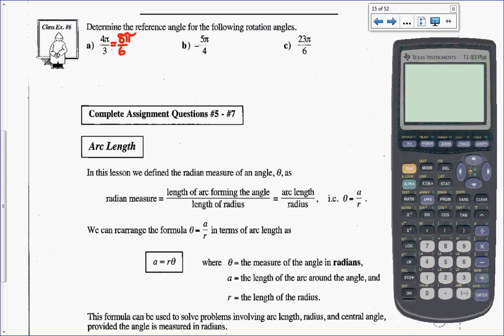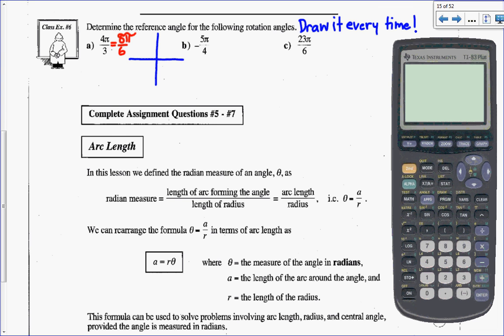Okay? And then always, always, always draw it every time. Make yourself a note of that here. Okay? So if I draw this, I need 8 pi over 6's. So what that means is I'm dividing that top arc of my circle into 6 equal parts.